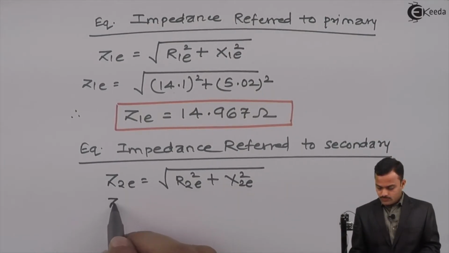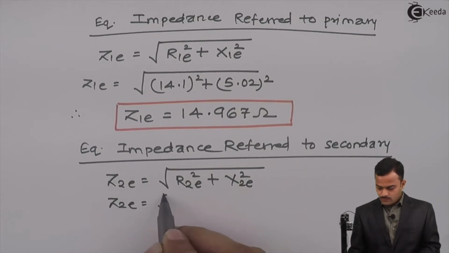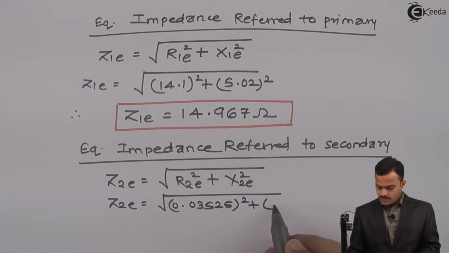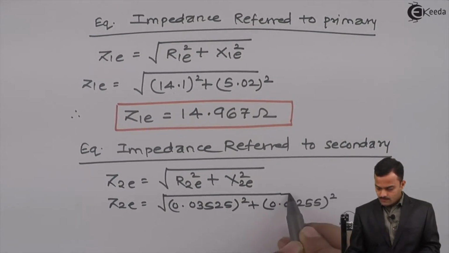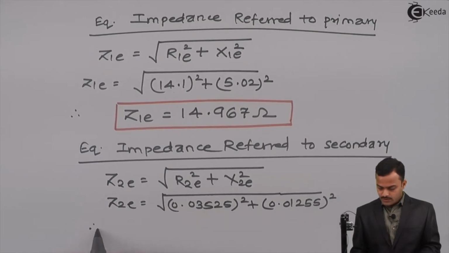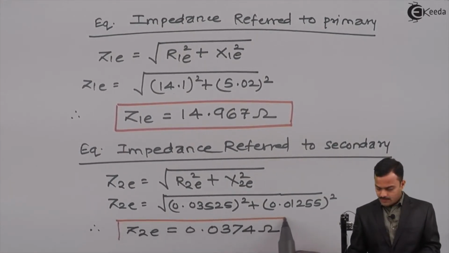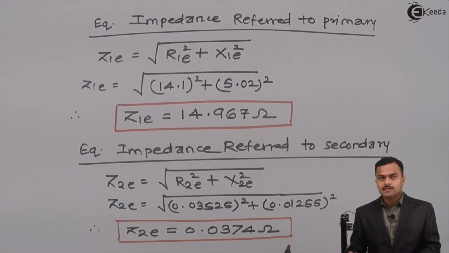So Z2E equal to root of R2E square plus X2E square, where R2E is 0.03525 and X2E is 0.01255. If you solve using a calculator, you will get Z2E equal to 0.0374 ohm, nothing but equivalent impedance referred to secondary side.